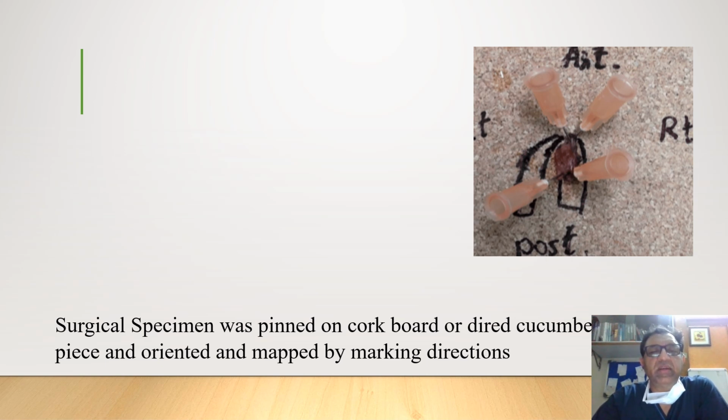That area I mark with a normal blue ink, and then I try to save the ink by using diluted acetic acid so that the ink stays well once the specimen goes in the formalin. The other way people do it is using a dried cucumber or a cork to fix it and various coloring needles to mark the anterior and other margins of the tumor.